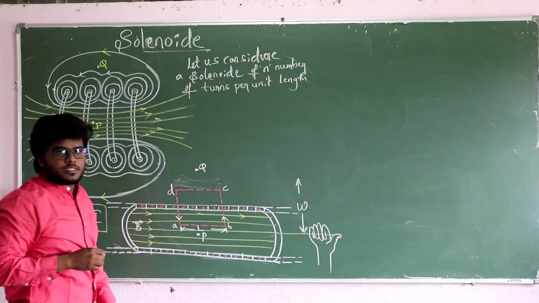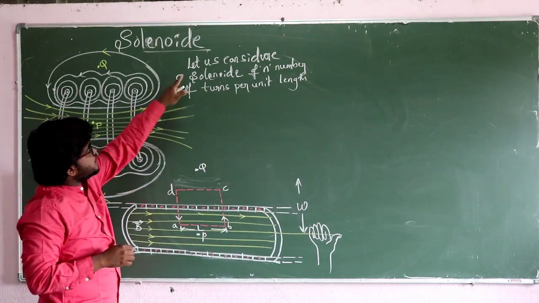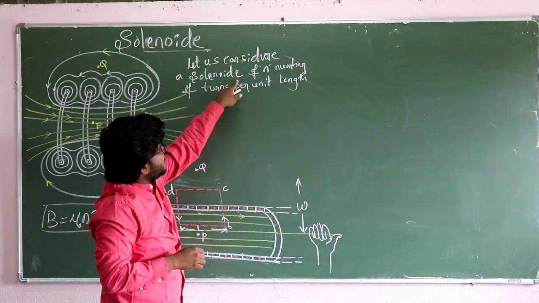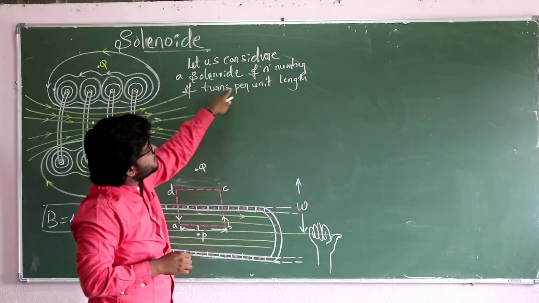N number of turns per unit length. Let us consider a solenoid of n number of turns per unit length.